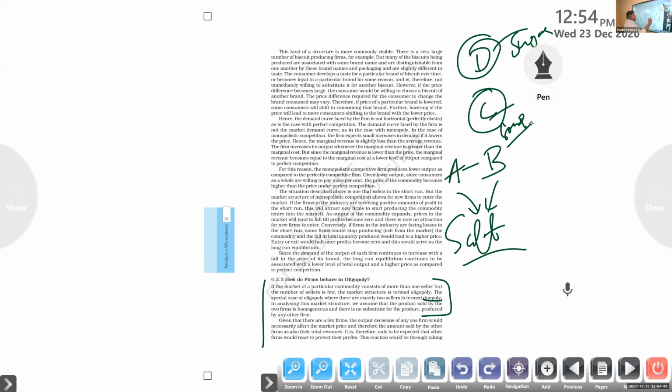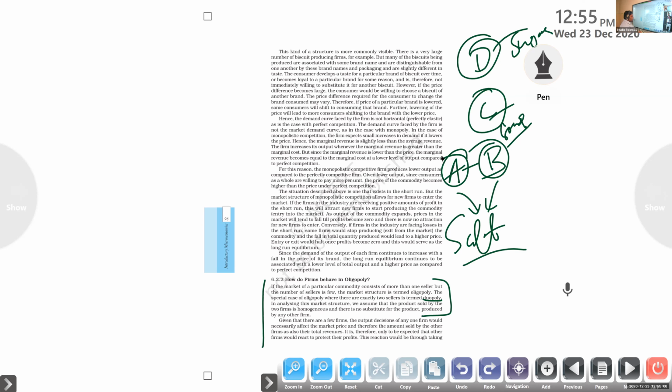So if one firm decides to produce more and sell in the market, definitely the price will change. It will affect the production of the second firm also, because they also want to stay in the market. So they also will do as per the idea of firm A, clear? Or just against the idea of firm A.